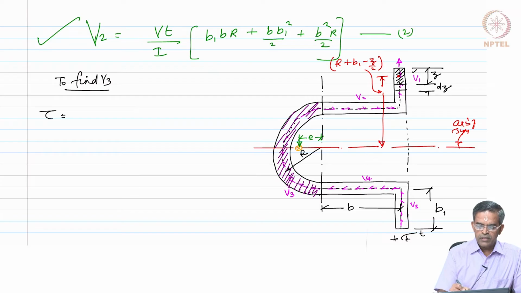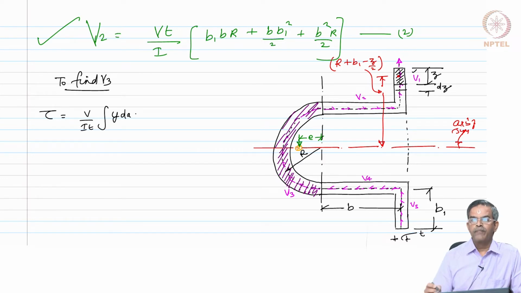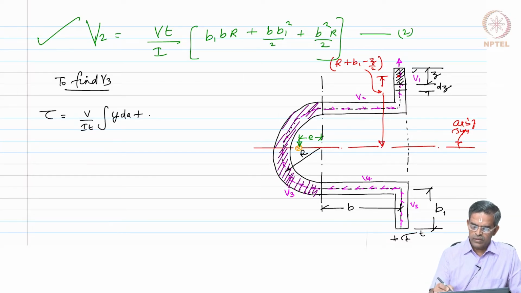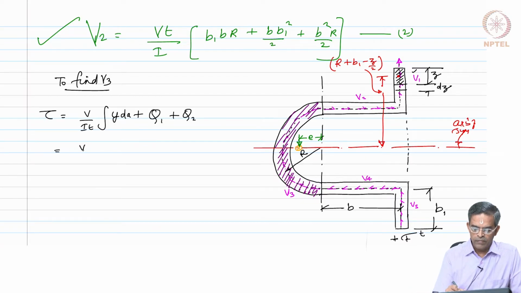So, now the elemental shear stress V by IT will be integral y dA. Let us say we will put as Q1 plus Q2, where Q1 and Q2 are the shear of first and second pieces. So, let us do that. V by IT, we already have this equation, so I am writing it here.